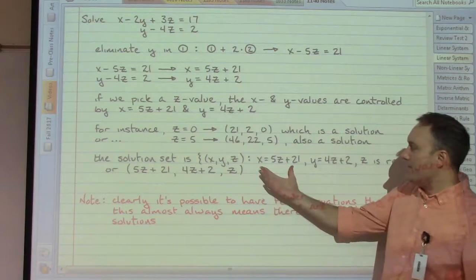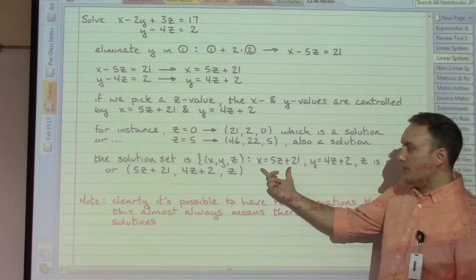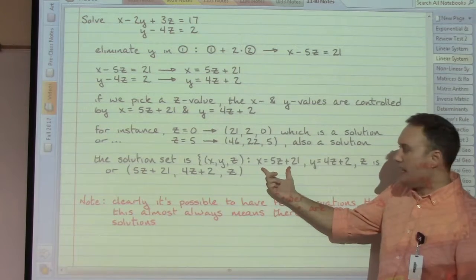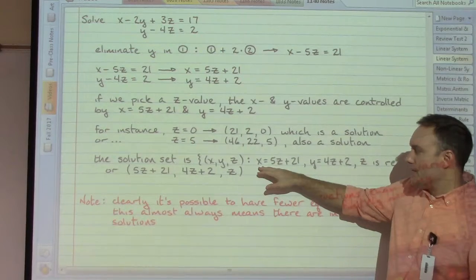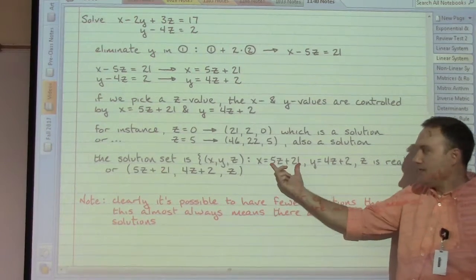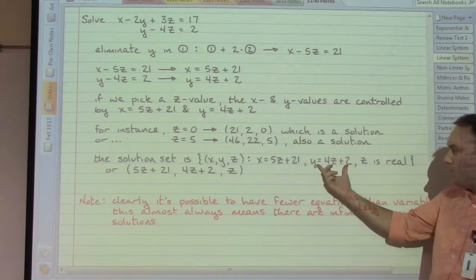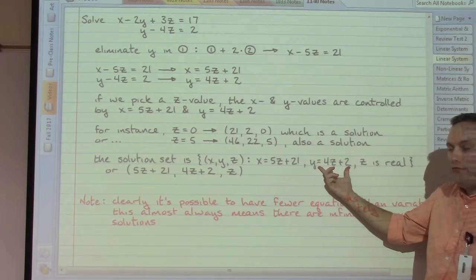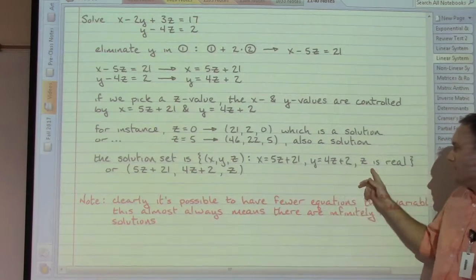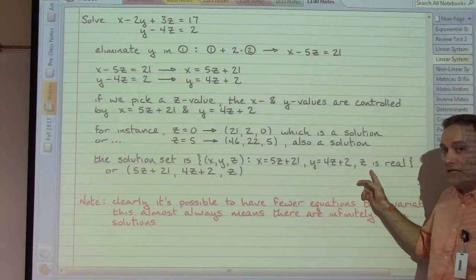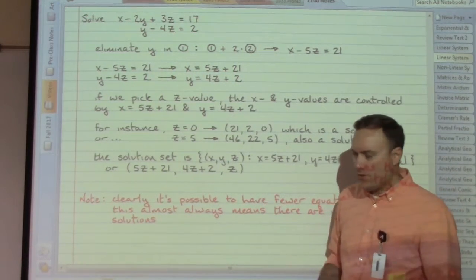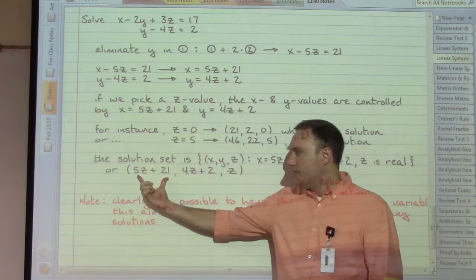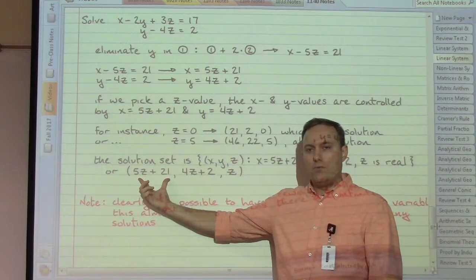Having infinitely many solutions means that we could give a solution set as a set, literally, where we would say our x is controlled by this equation, 5z plus 21. Our y is controlled by this equation, 4z plus 2. Our z, we could pick any z at all that we wanted, and we could also rearrange those pieces of information so that it looked a little bit more like a point.